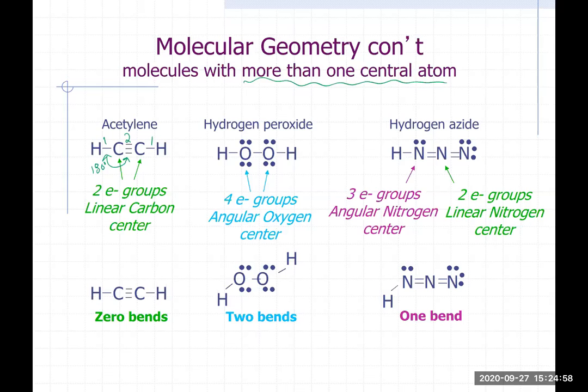If we look at the middle one, hydrogen peroxide. Now, hydrogen peroxide is a little bit different because you have 2 oxygens together. You will rarely see oxygens together, but you see oxygens together in what we call peroxides, where you see O2 in a molecule someplace. The reason you rarely see oxygens together is because they hate sharing with each other. They're both very greedy in terms of electronegativity.